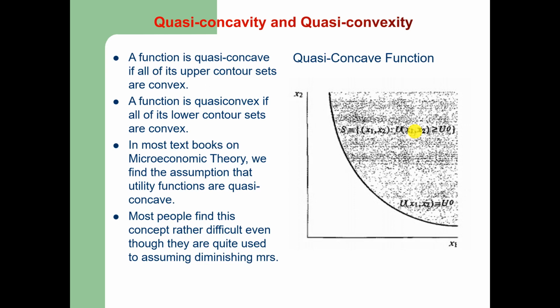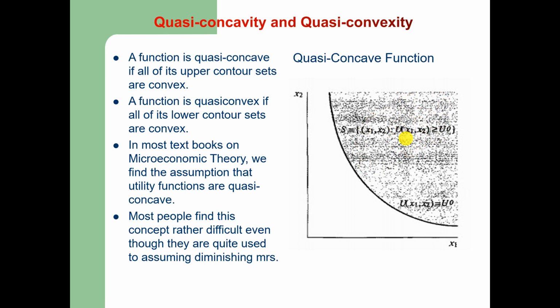Here is another case of a quasi-concave function in this graph. First we define a function as quasi-concave if all of its upper contour sets are convex. It means all this area, which is the shaded area, should be a convex set. A function is quasi-convex if all of its lower contour sets are convex.